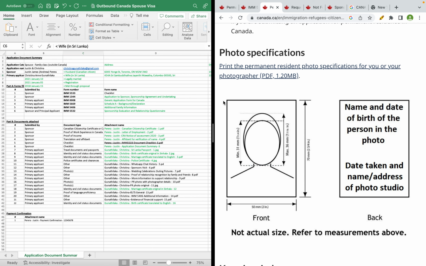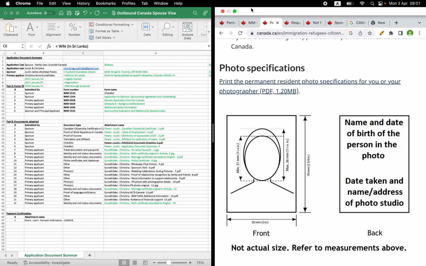So I went to a supermarket called Shoppers here, and they had a service of taking photographs for PR cards. They took my picture again, and they stamped it also with the shop's name and address, and then I wrote my name and date of birth.